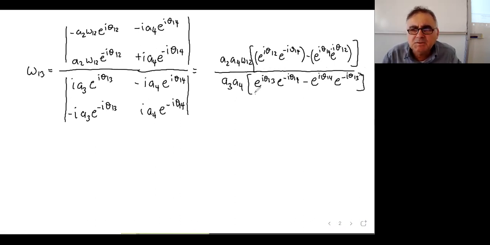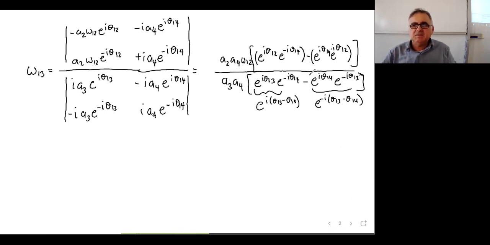Okay, this, for example, this part is e to the I theta 1, 3 minus theta 1, 4. And this is e to the I theta 1, 4 minus theta 1, 3, which is e to the minus I theta 1, 3 minus theta 1, 4, etc. And their additions and so on.